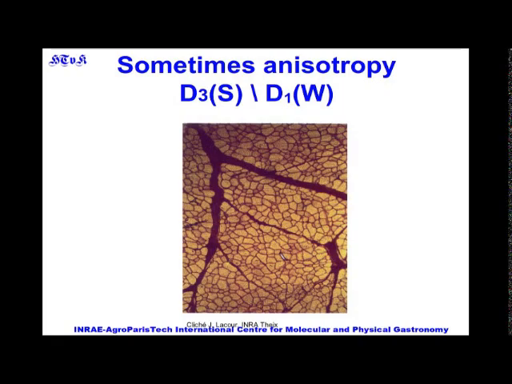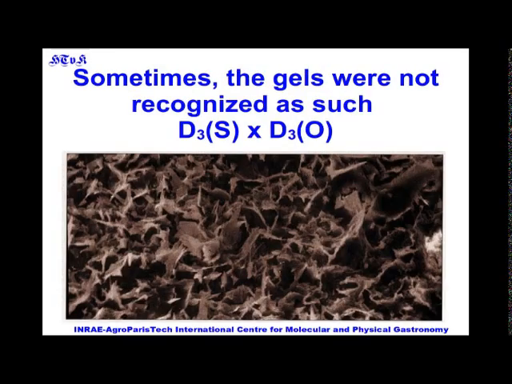And of course, meat has a direction, the direction of the muscular tissue. And in this case, we have D3, the solid, with random dispersion of D1, the muscular fibers. Sometimes we don't recognize the gel, but it is a gel, as we explained before.